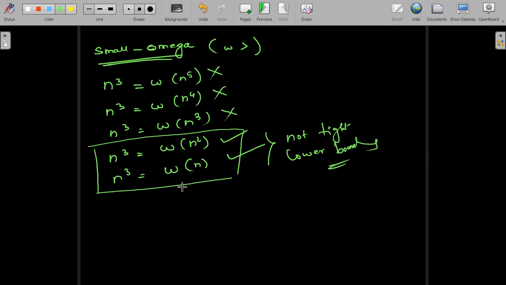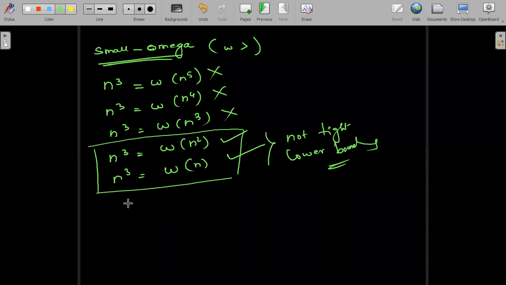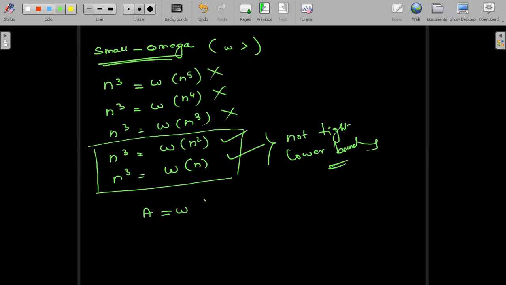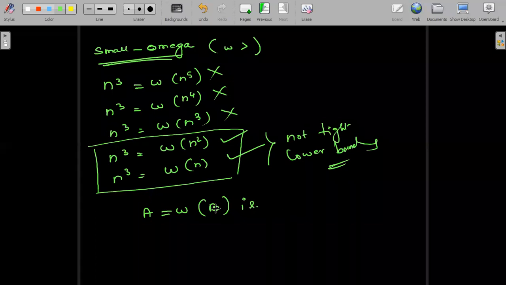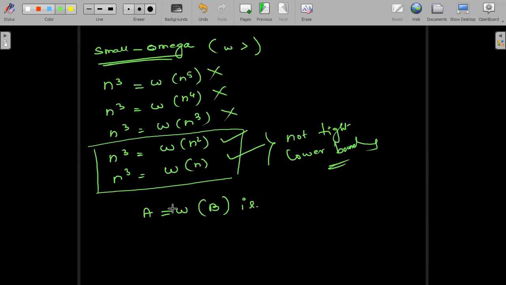Guys, these things are very important. Please be careful, because it is mentioned in the textbook, but nobody is telling all these things. So here you can see, which one do we have to take in this?